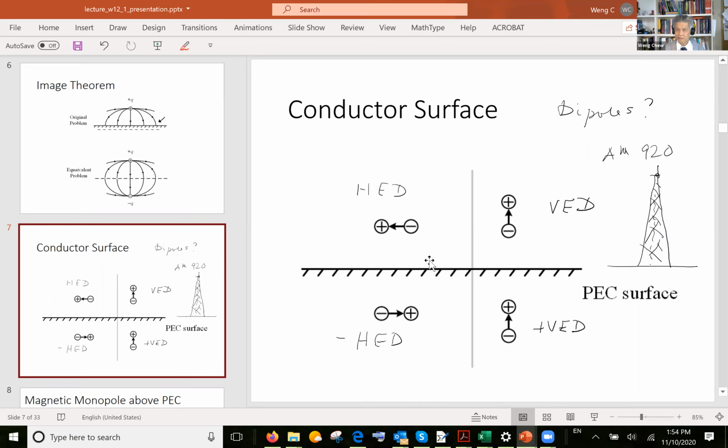So you want to make the antenna tower vertical, especially if you are working with very low frequency, where the lambda is about 100 meters, right? Somebody told me the lambda is about 100 meters for this station. So this dipole is actually very short compared to this wavelength, so it can be considered as a short dipole. Okay, and then you can actually treat it as a short dipole and see that the image theorem does work there.